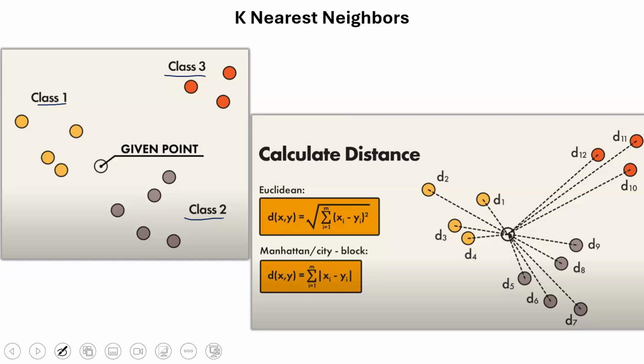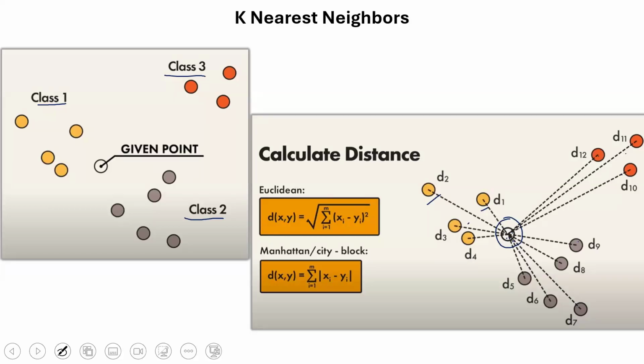In K nearest neighbors, what we do is calculate the distance of the given point to every other point in the data set. If you look at this, this is the given data point for us, and these are all existing data points that we have. We calculate the distance from this point to every other point in the data set.